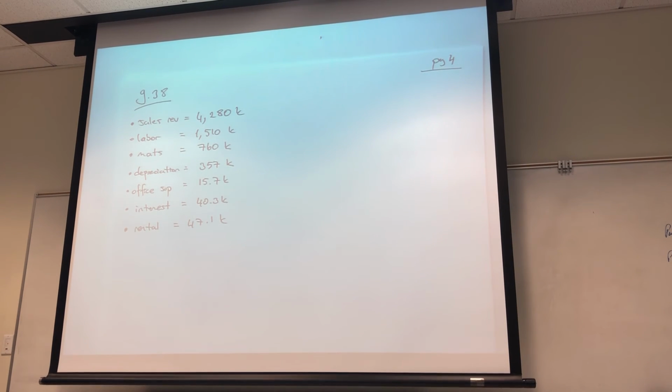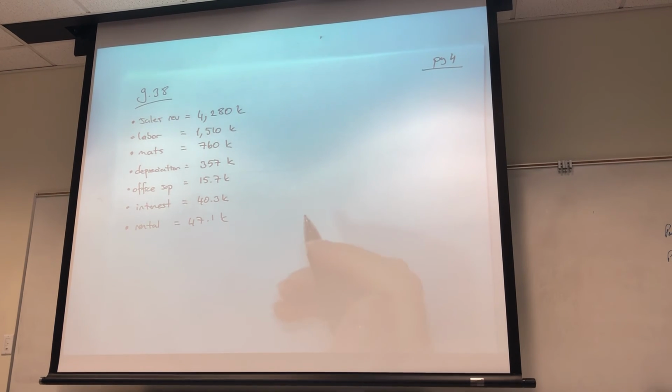So the taxable income, we got this as positive, and we got these as negative. Right? So we just do $4,280,000 minus all of this. Okay, I'm not going to do the math. I'm going to trust the solution.